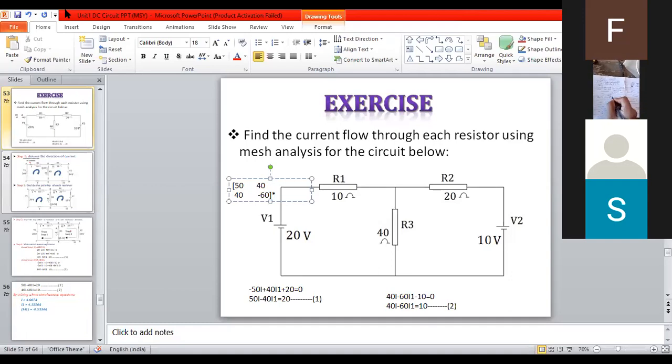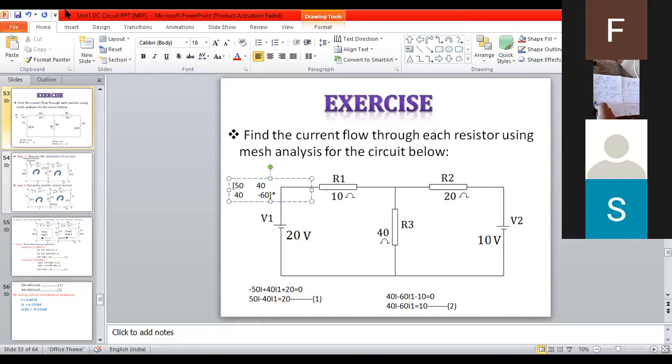So minus 60 into minus 20, 1200. Minus 1200. Next, minus into minus will become plus 10 into 40, 400. Equal to minus 800.